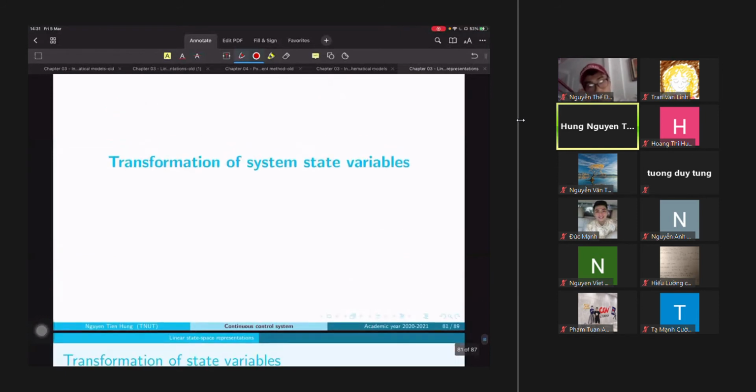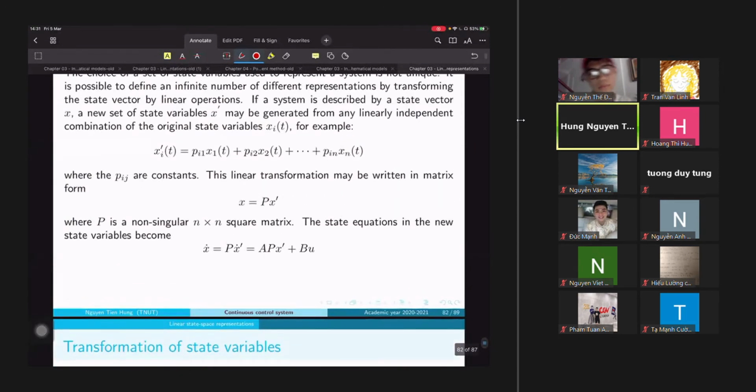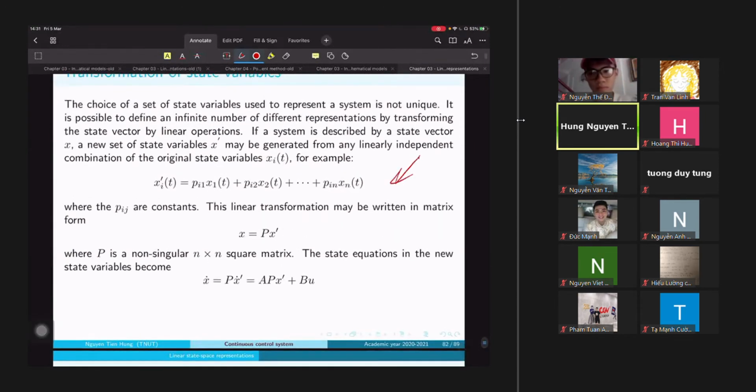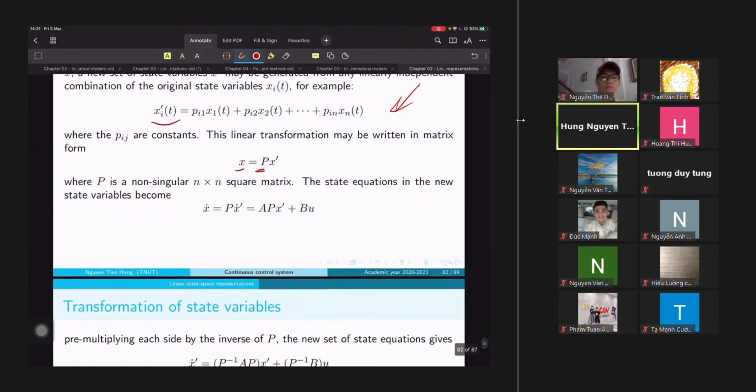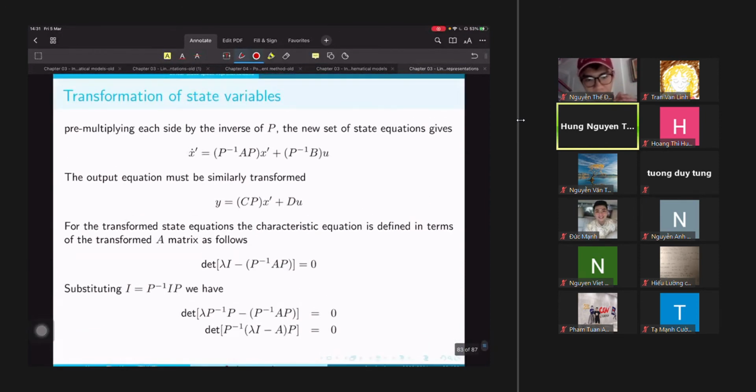We also have the transformation of state variables. If we have a state X, we have the system represented in this form, but now we change X to X prime. So we have P like this, and we change from X to X prime. We re-represent the system in this form, and it looks like this.